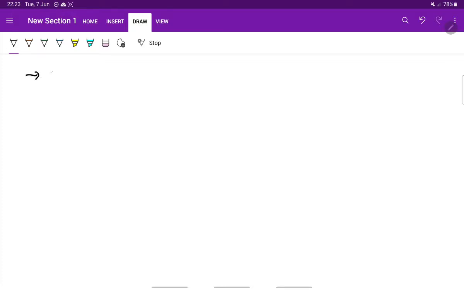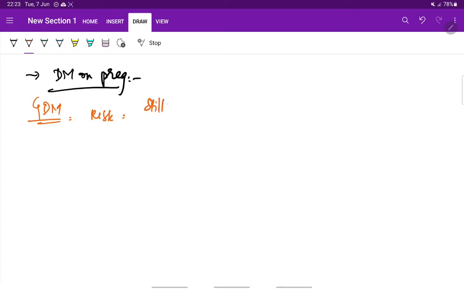Now, let us see the effect of diabetes on pregnancy. Firstly, gestational diabetes mellitus has a significant risk of stillbirths and macrosomia, that is a big baby.